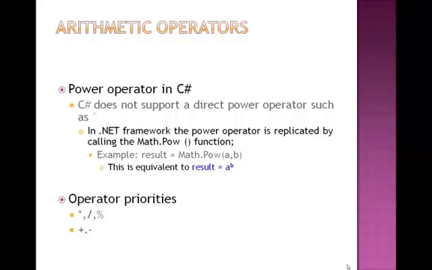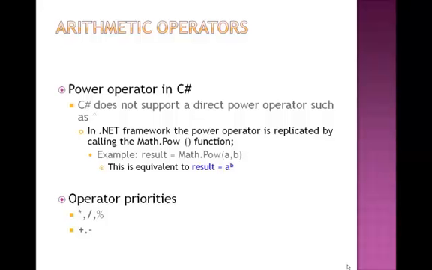The reason for that is calculating the power operator, as interpreted programming languages or interpreters such as BASIC do, is time-consuming and not efficient in a compiler like a C-based compiler such as C# or C++, because it's repetitive multiplication essentially, and it makes it inefficient in terms of defining a power operator within the program.